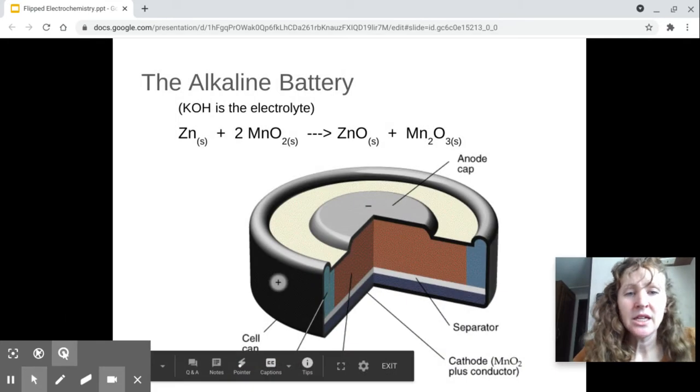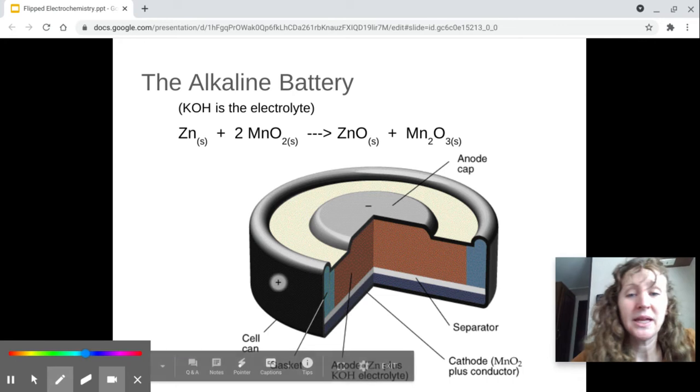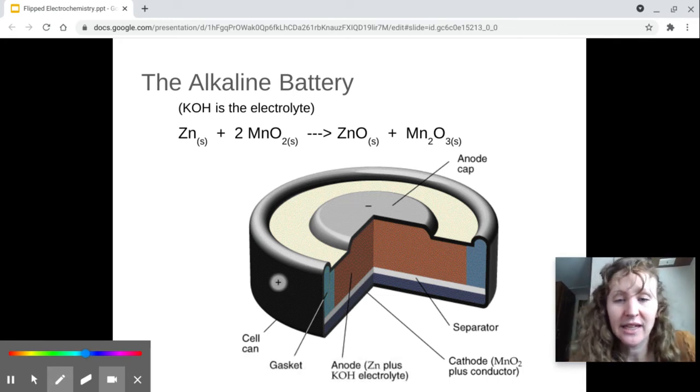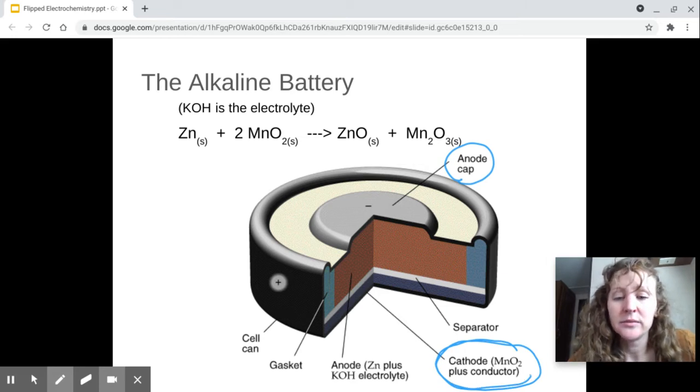Okay, there are also alkaline batteries, but they have similar parts to them. Notice you have an anode cap up here. You have a cathode at the bottom. You have, again, parts of the anode and parts of this salt paste.